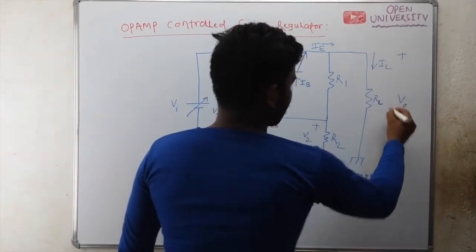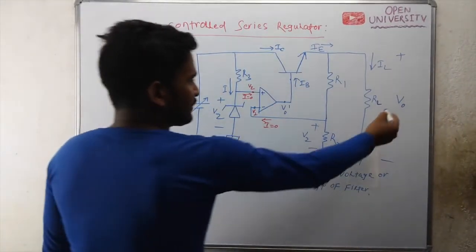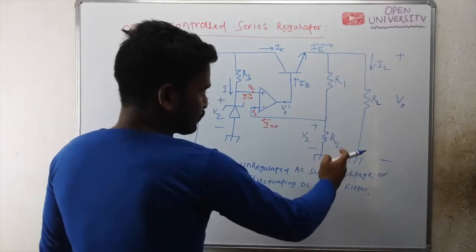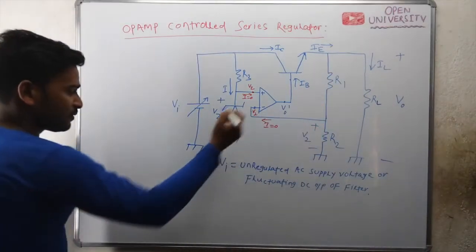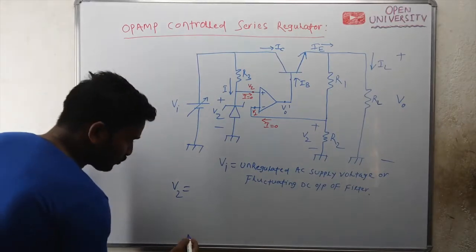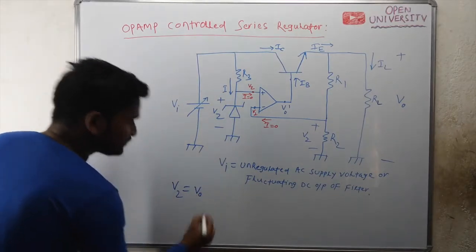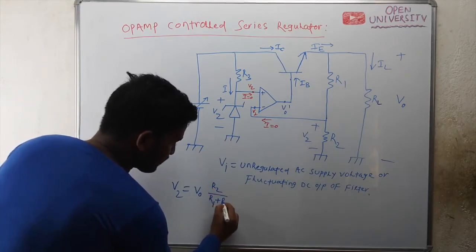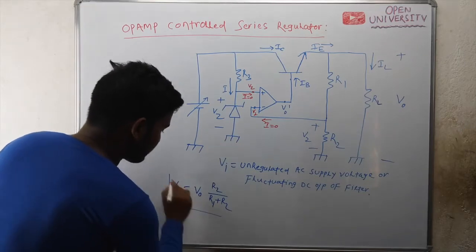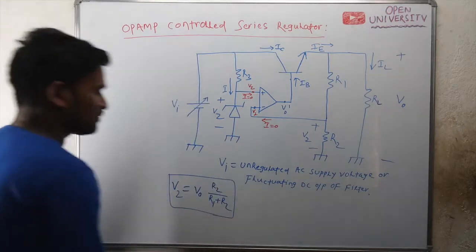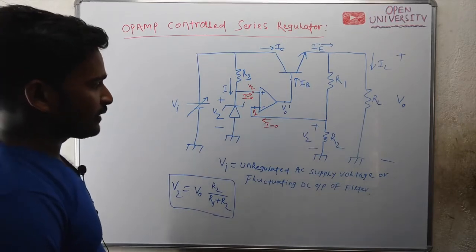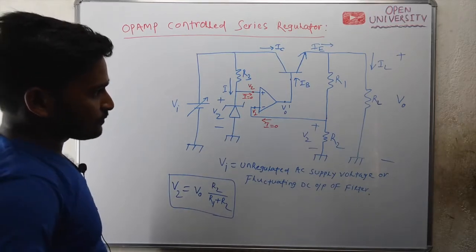The output voltage will be divided across R1 and R2. The voltage across R2 is V2 equal to V0 into R2 divided by R1 plus R2.